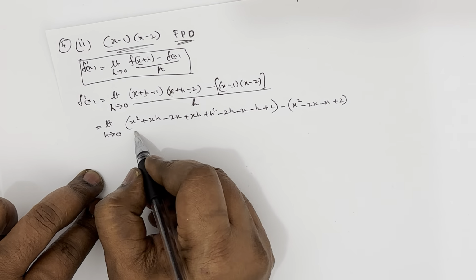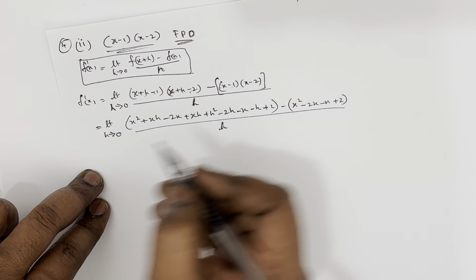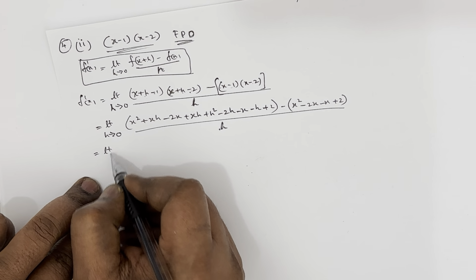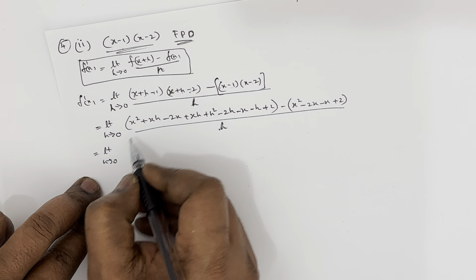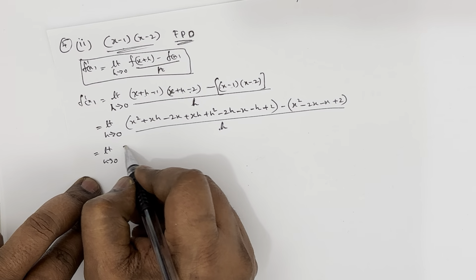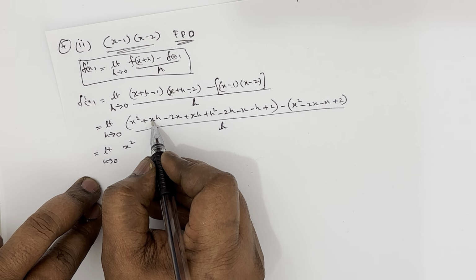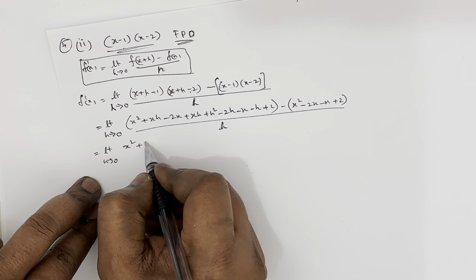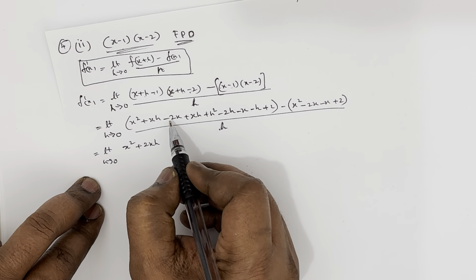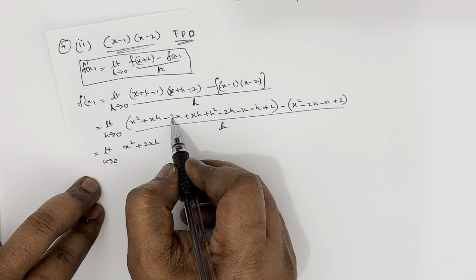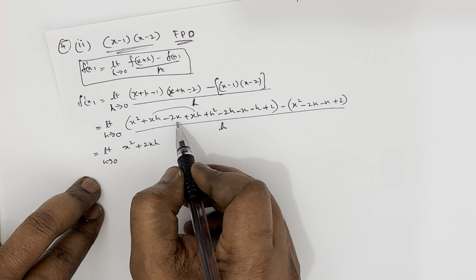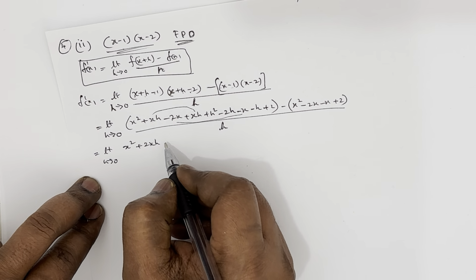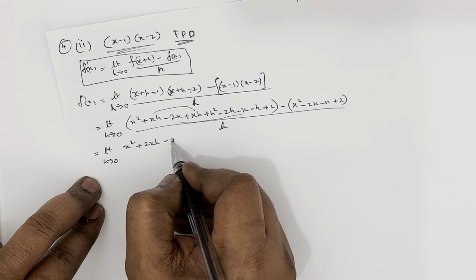Whole upon h. Now limit h tends to 0. If you see, this is x square, xh and xh will be 2xh. Now minus 2x and minus x will be added, so minus 3x.